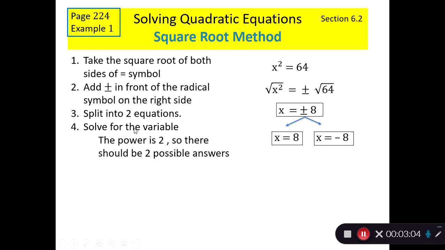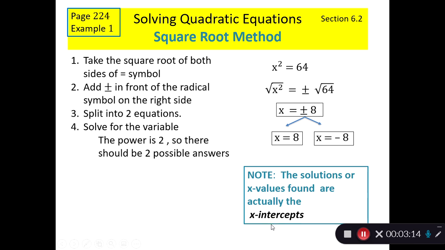And then you're going to solve for the variable we have here already. The power is 2, so that means there are 2 possible answers. So let's go on and do more examples. Oh, before we go on, remember that the solutions, or the x values that you see here, are actually the intercepts, if you remember that. 8, 0, and negative 8, 0.